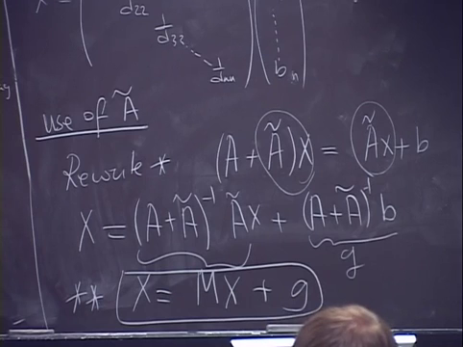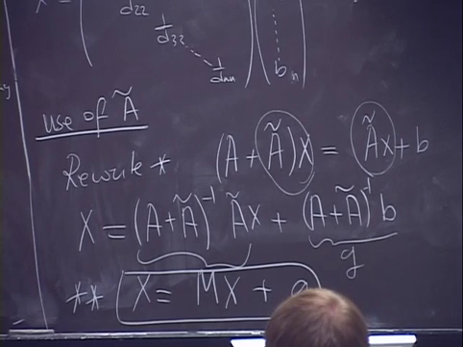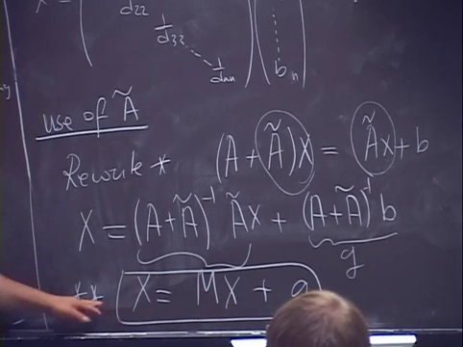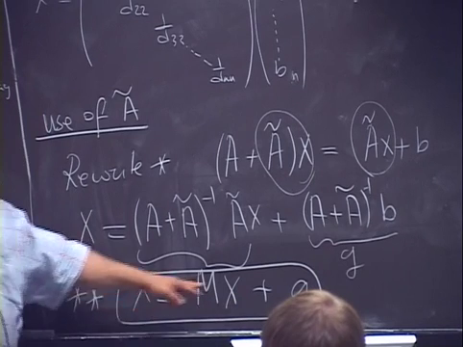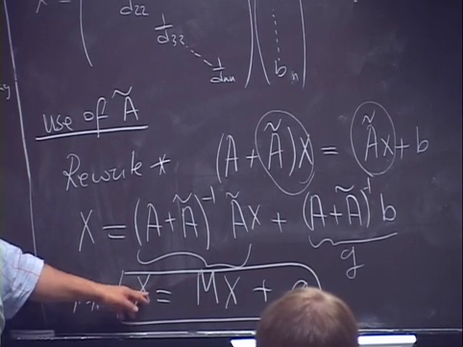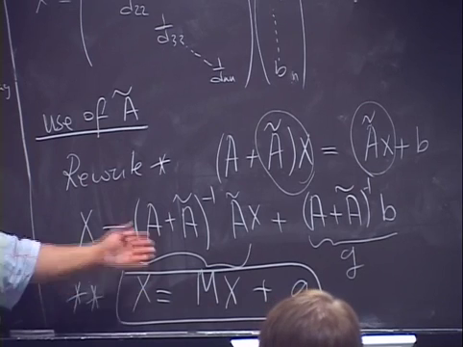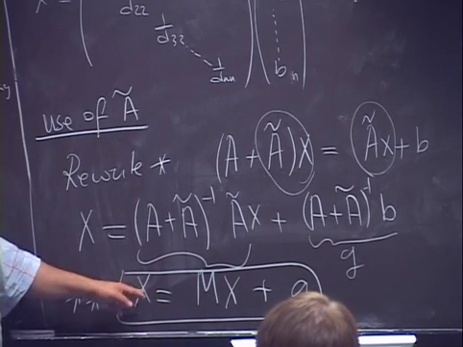If you look at an equation like this, what's the best way to solve it? Iteration. You start off with an initial guess for the vector x, then you get the first iterate, and you compare it and get an error.